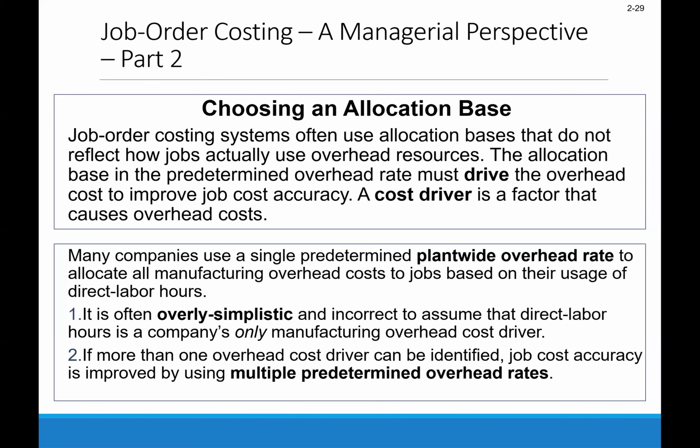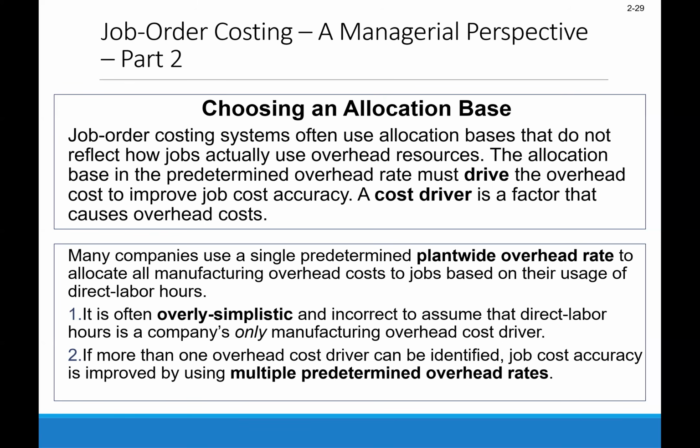Job order costing uses allocation bases that might not reflect how jobs actually use overhead resources. The allocation base in the predetermined overhead rate must drive those overhead costs to help improve that we're costing correctly. It's the cost driver which we show causes the cost, and you have to make sure that cost driver is effective.